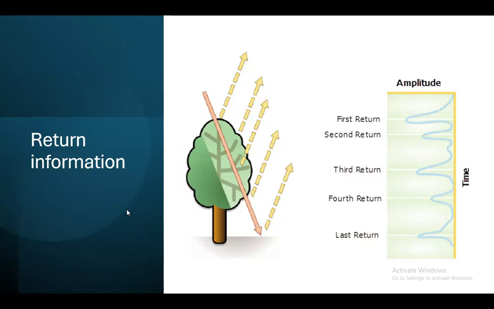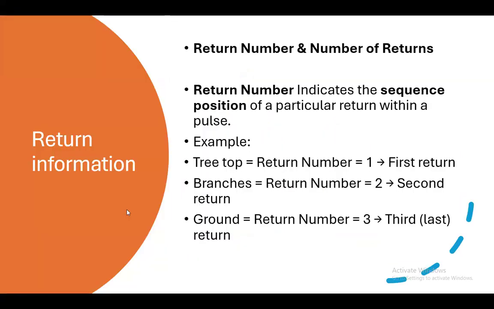So you have multiple returns, starting from the first return, second return, and the last return will definitely be from the ground. Based on the different types of return and how many returns are coming back, we can classify the data: this type of return is coming from the canopy, this one is coming from the branches, and this return is coming from the ground. That's how we can categorize.